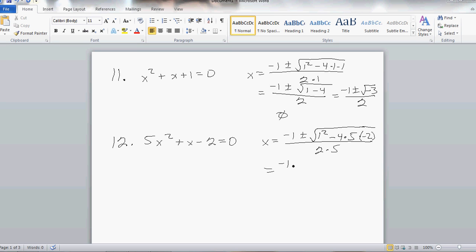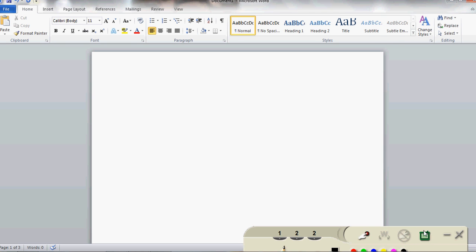So this equals negative 1 plus or minus the square root of 1 plus 40 all over 10, which is equal to negative 1 plus or minus the square root of 41 all over 10. And square root of 41 will not simplify any further, and so there is our answer.